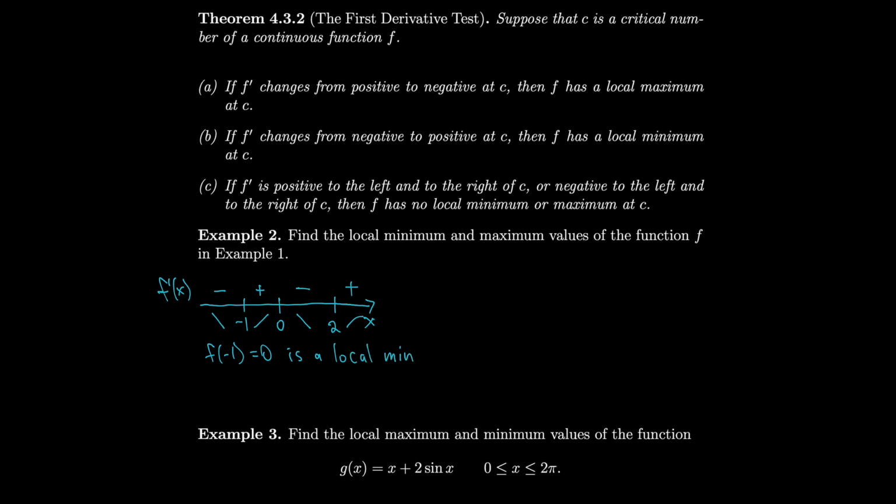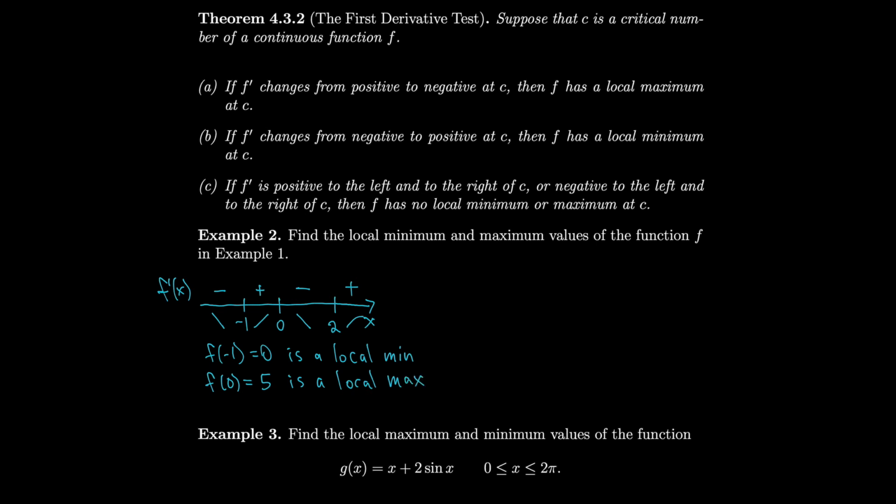Let's look at our next potential extreme value. At 0, it looks like we switch from going positive to going negative. So it looks like there should be a local maximum over there, went from positive to negative. So at 0, we plug it in, we get 5, and we say that that is a local maximum.